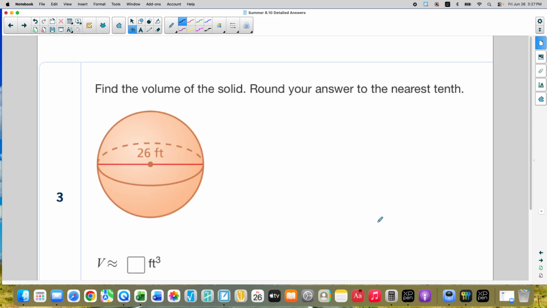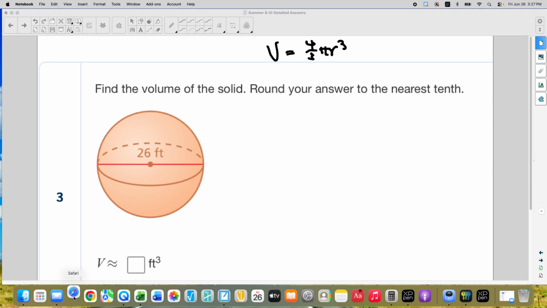Volume of a solid, this is no bases. And so volume equals 4/3 pi r cubed. Yep, that's the volume of a sphere, 4/3 pi r cubed. Right, surface area, volume. I'm pretty sure it's 4/3 pi r cubed.